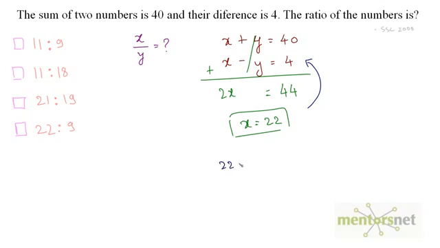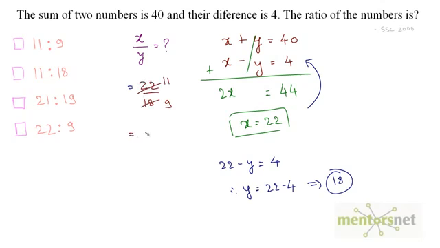We get 22 minus y is equal to 4, and therefore y is equal to 22 minus 4, which is equal to 18. So x is 22, y is 18. Now we have been asked x by y, which is equal to 22 by 18. So we can reduce this. 2 times 11 is 22, 2 times 9 is 18. So we have 11 by 9 as the answer.